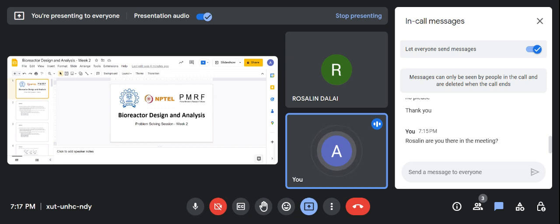If that happens, what we usually do is, once the due date is over, they will release the correct answers. At that point, there's a discussion forum in the NPTEL MOOC page. If you write in the discussion forum, I think this is the answer, but the option wasn't there, they'll give you marks for it.